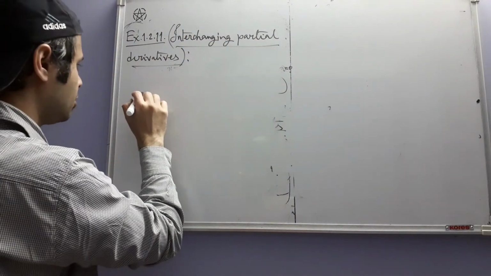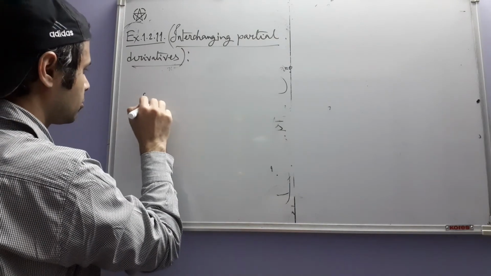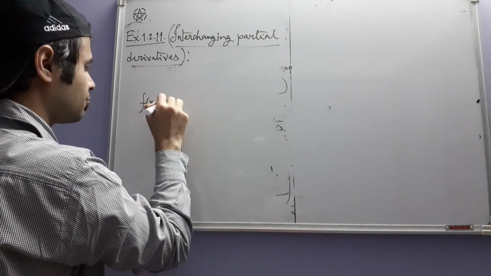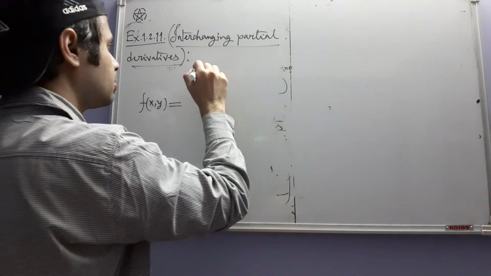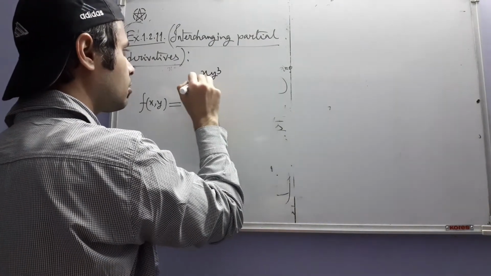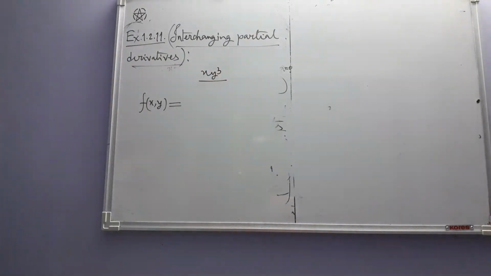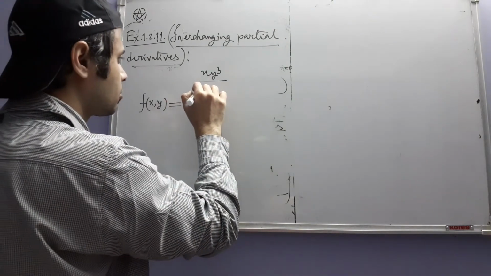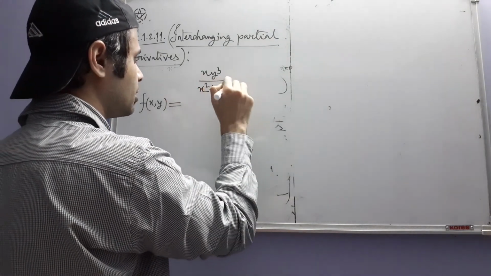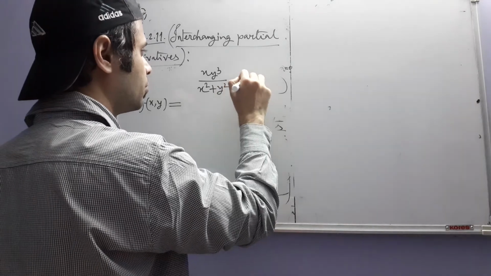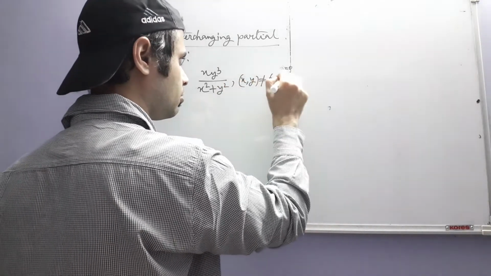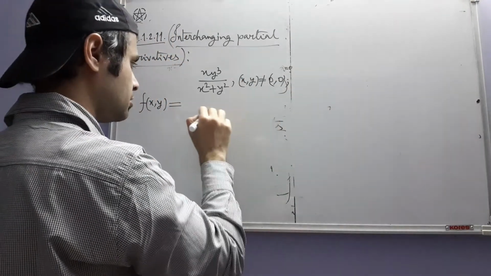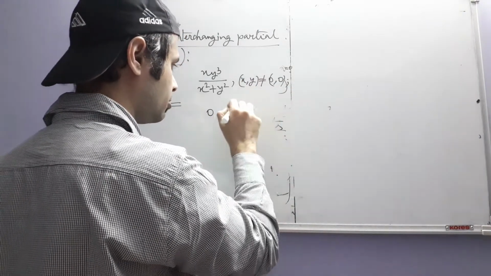I give you a function. The function is defined like this. It's partly defined: xy cube divided by x square plus y square when the point is not the origin, and 0 when the point is the origin.